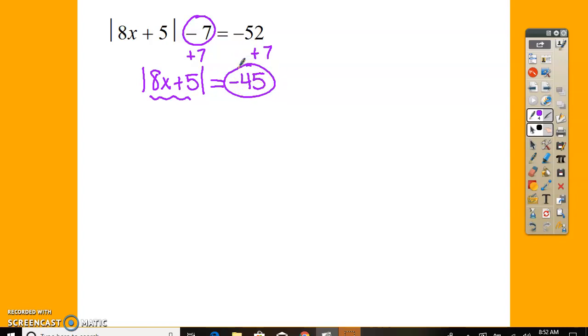That 8x plus 5 cannot be -45 units away from 0. Distance cannot be negative. So because after we added the 7, it was still equal to a negative number, this is now no solution. But you had to do that first step of adding the 7 before you could make that call. All right, one more to look at.